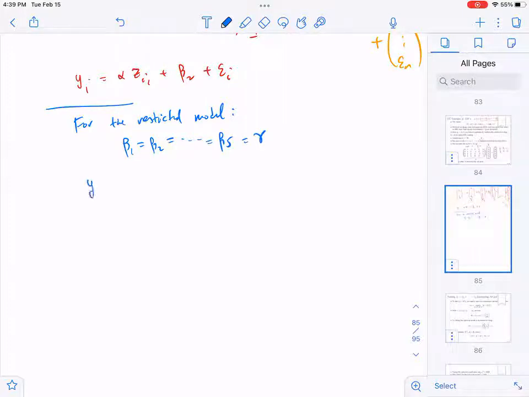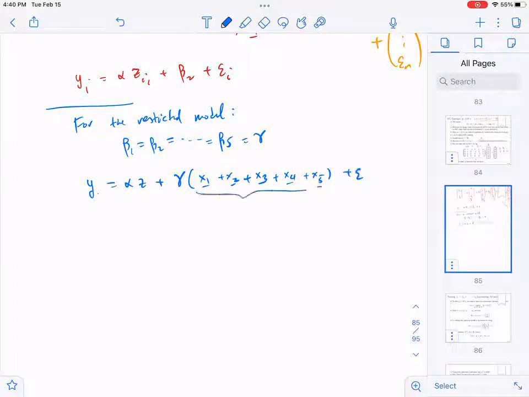Then my model was y equals alpha z plus, all the other betas being the same, I factor out gamma and get x1 plus x2 plus x3 up to x5, plus the noise.